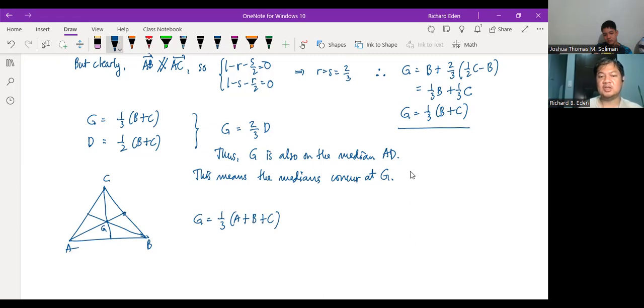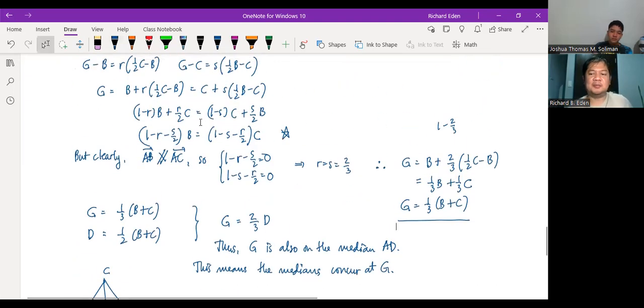But the statement G equals 1/3 of A plus B plus C is more general, let's say if the origin was chosen to be a different point. All right. Okay, but hey, tapos na tayo sa medians.